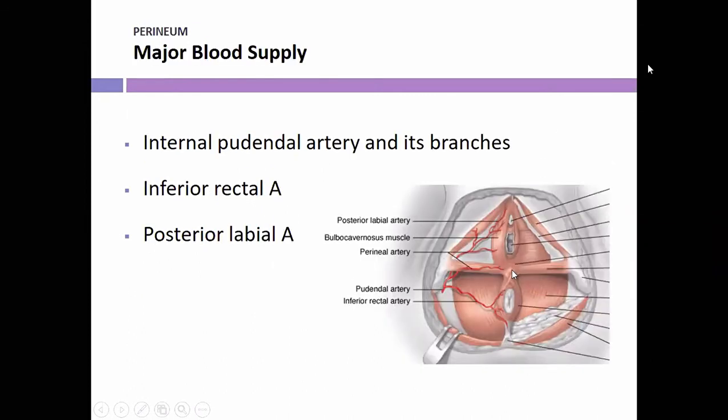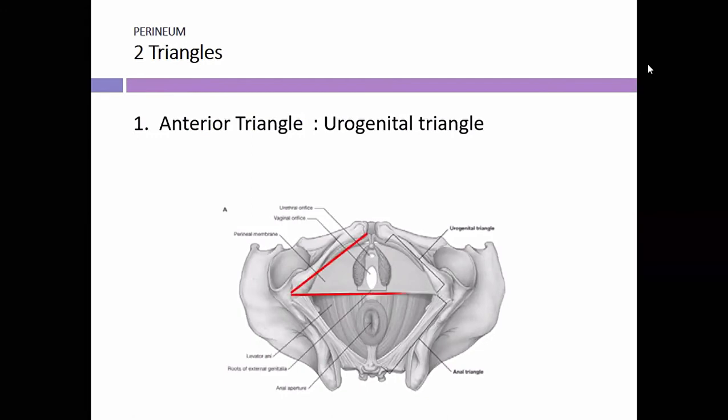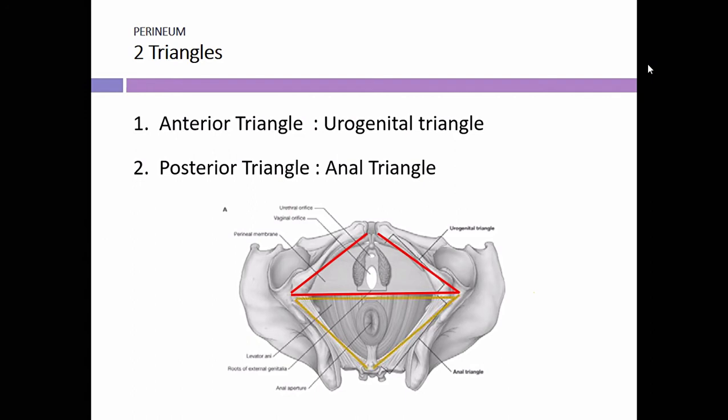Now, it has a major blood supply, which is coming from the pudendal artery, and then the inferior rectal and the posterior labial artery. Now, this perineum has two triangles. You have here the anterior triangle as well as the posterior anal triangle, previously called the posterior triangle. It's the anal triangle.